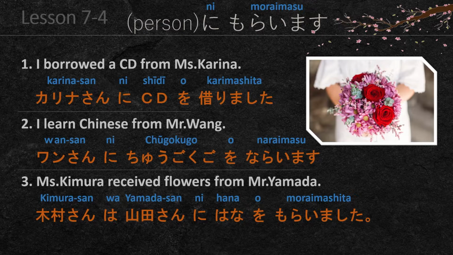Kimura-san wa moraimashita is the most simple form of the sentence. It's the same as in English. Miss Kimura received. Okay? So Yamada-san must be before the ni. Kimura-san wa Yamada-san ni hana o moraimashita.